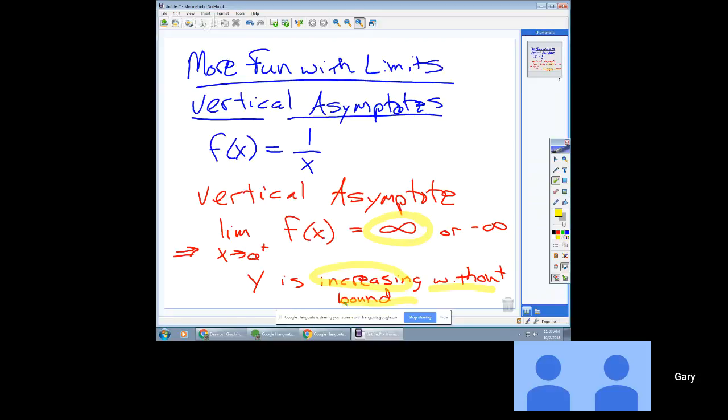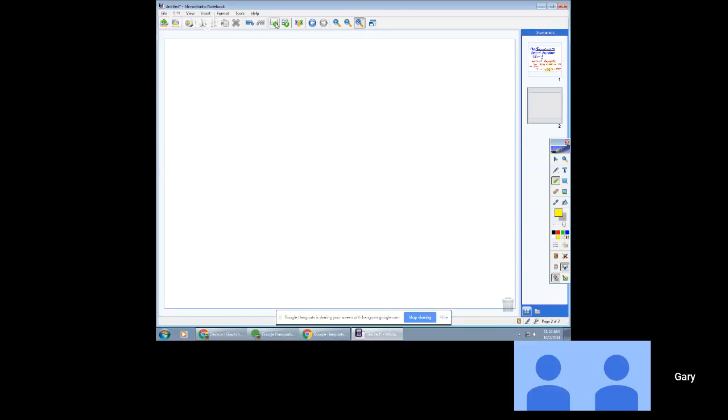So if we look at this particular function, and in particular, the limit as x approaches 0 on the right side of 1 over x, and we make a table for x and y, if we plug in 1, the reciprocal of 1 is 1.